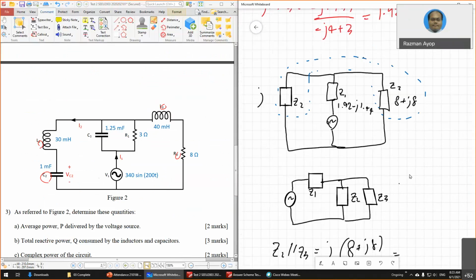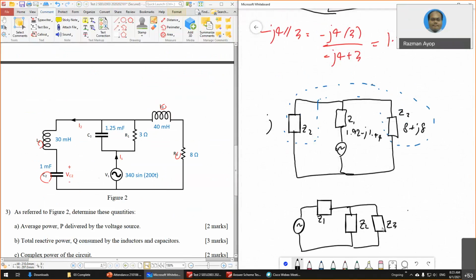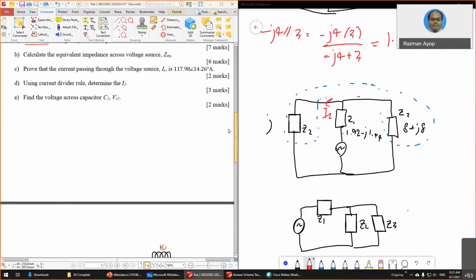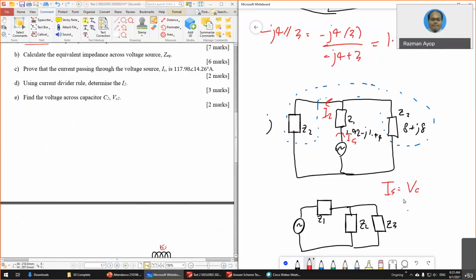Wait, check first. Oh, you have to calculate the I first, right? So this is IS. So IS is just equals to VS divided by Z equivalent.